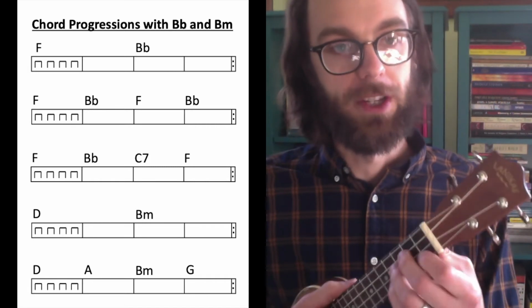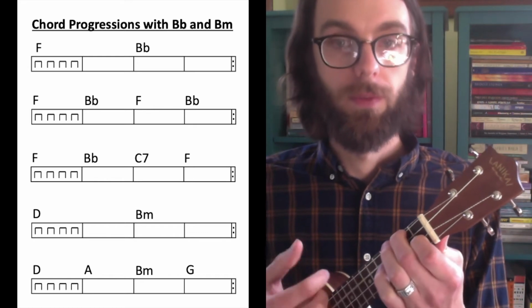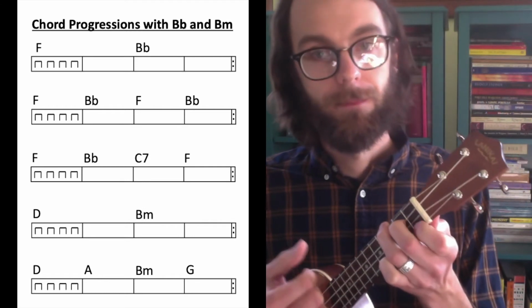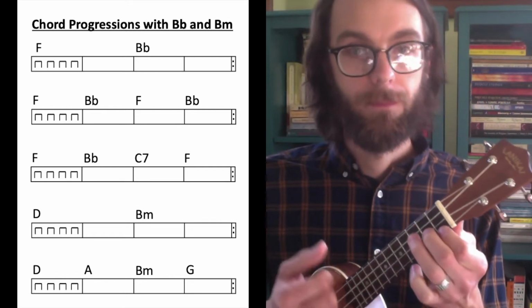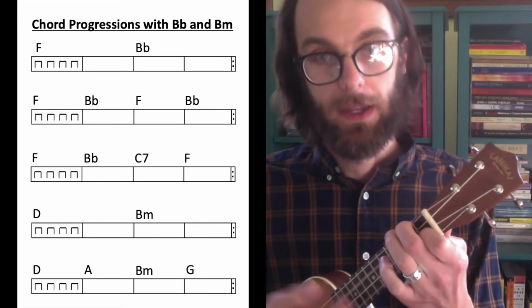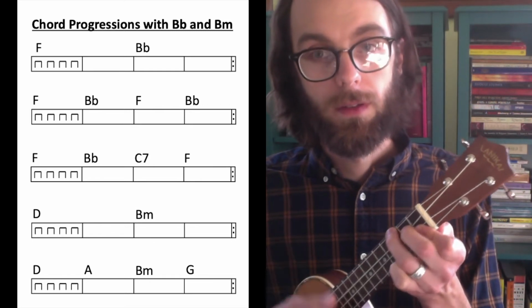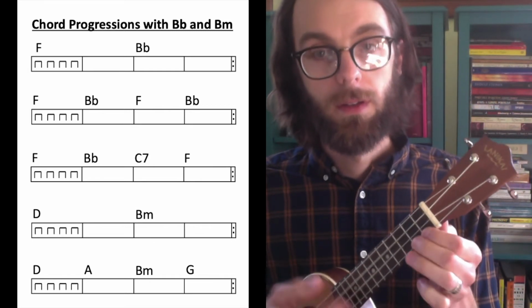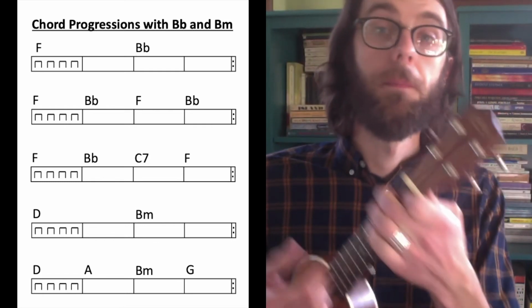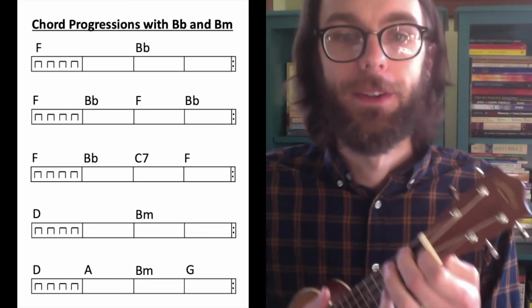So again, we're switching every measure. So we'll have 1. Strum of F, just to finalize it.